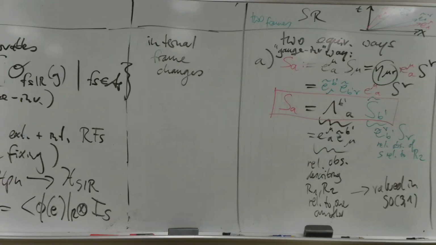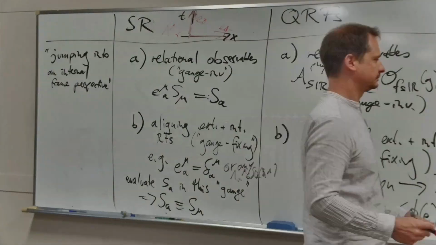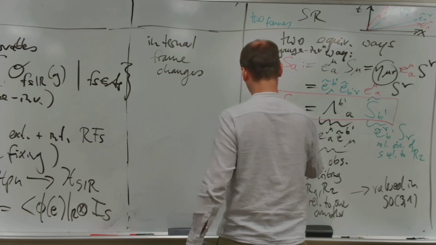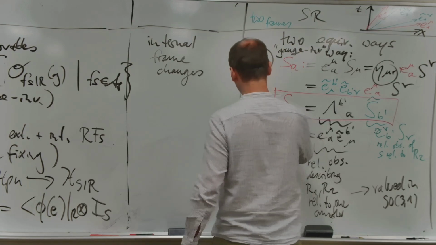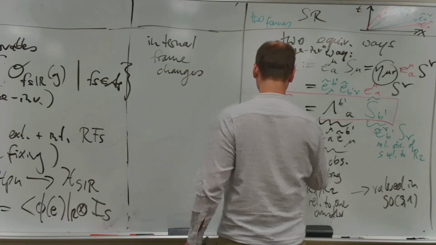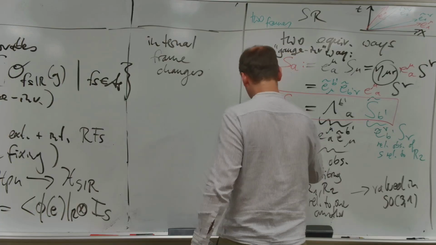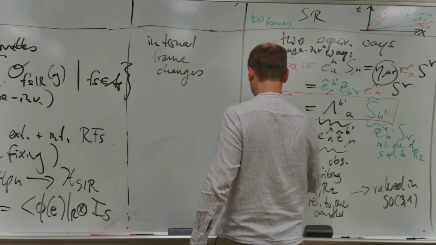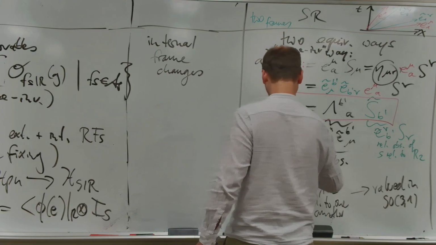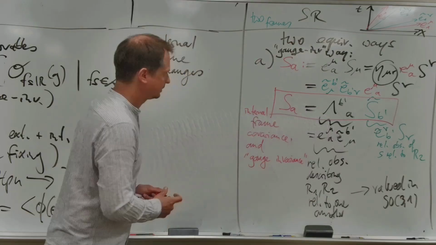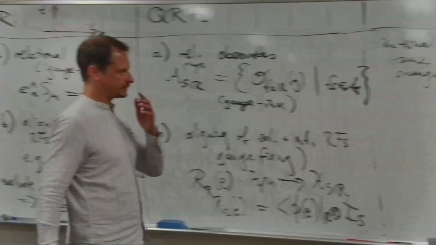Frame covariance, but gauge invariance. I should say internal frame covariance, and I put it again in quotation marks, and gauge invariance. So there's no open space-time index.